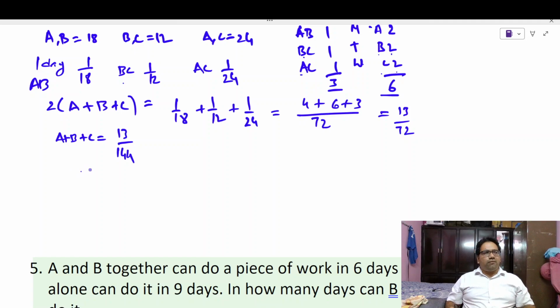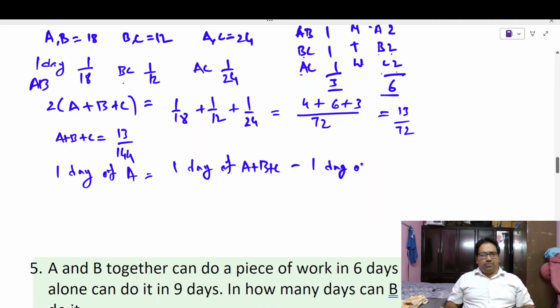Now 1 day of A. 1 day of A would be 1 day of A plus B plus C minus 1 day of B plus C. Right? 1 day of A, B, C together will complete 13 by 144 worth of work. And in 1 day, B and C together will complete 1 by 12 worth of work.